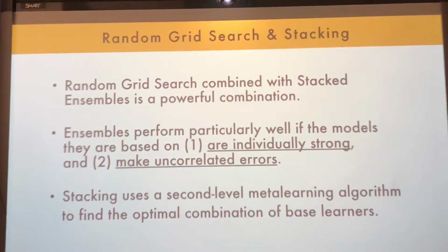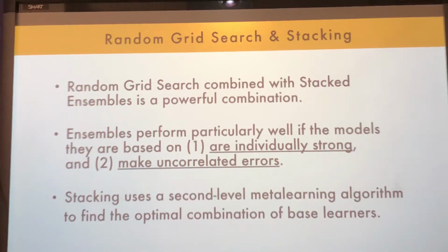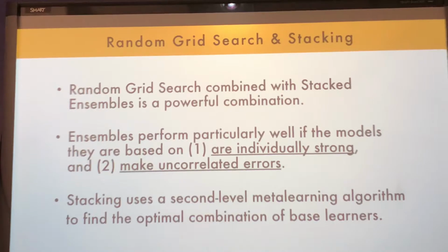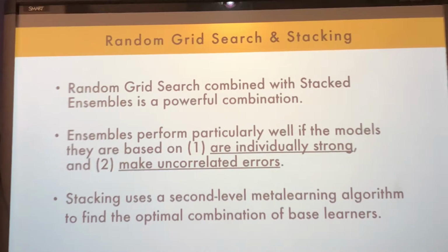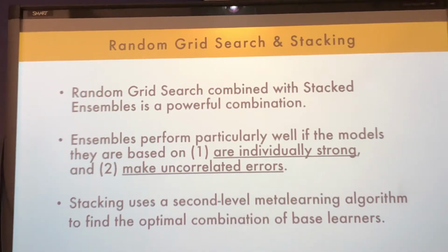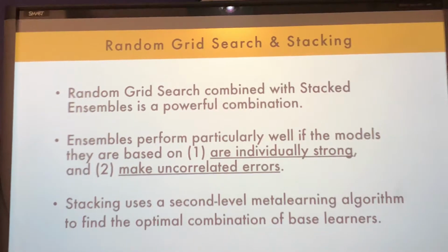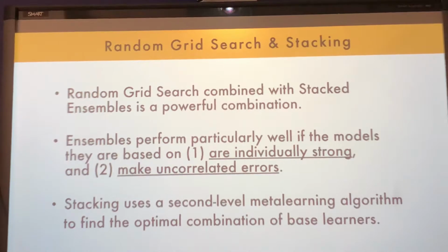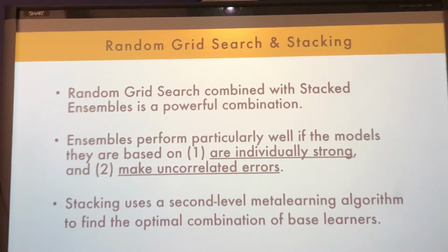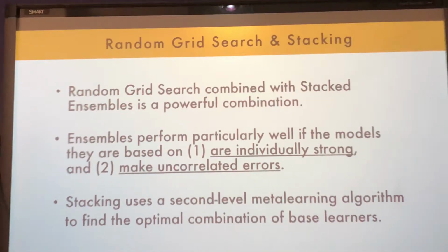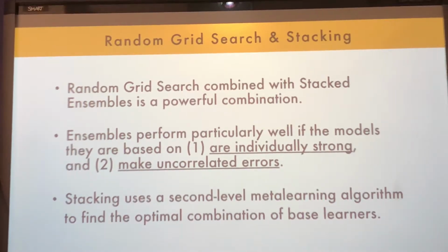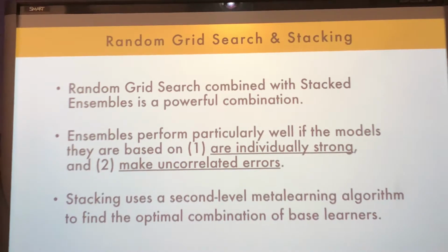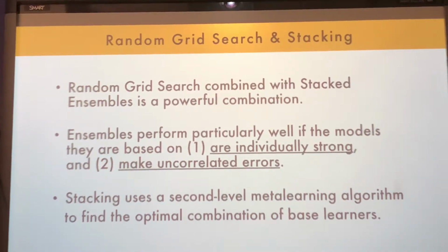Stacking works particularly well when you have a diverse set of models. So even if you have a GLM that's maybe not doing so well, or a deep neural net that's not doing so well in comparison to your GBMs, putting them in the stacked ensemble most of the time helps. Every once in a while you can shoot yourself in the foot by putting in a really bad GLM, but in theory that's what stacking is good at: ignoring the bad models.